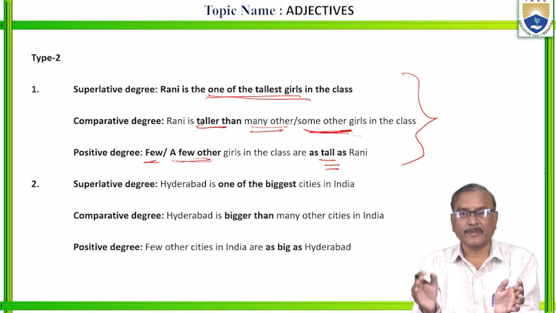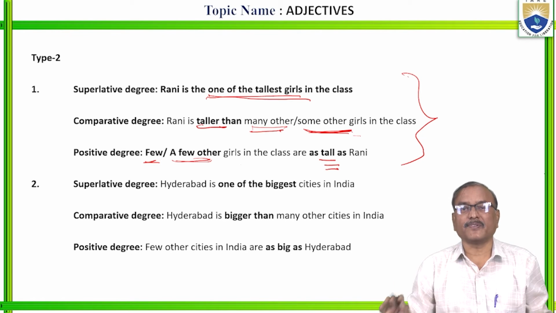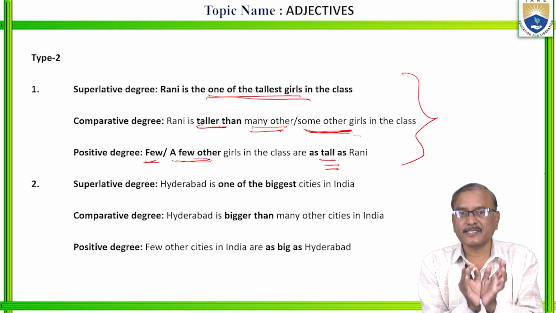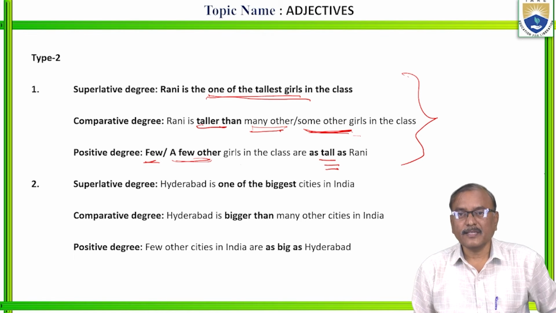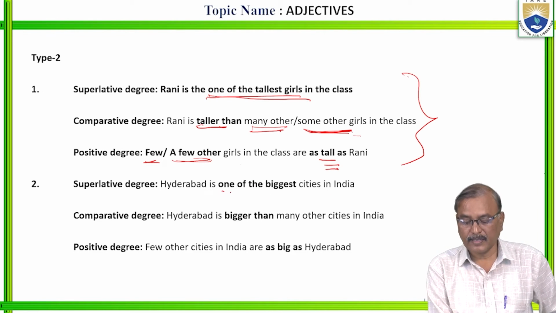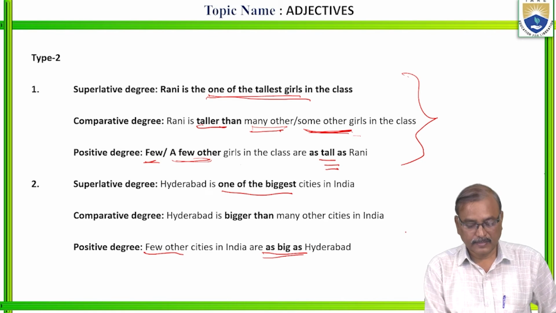Among them, Hyderabad is one. That is the meaning. You have to concentrate on the meaning, not just form. Hyderabad is one of the biggest cities in India means few other cities in India are as big as Hyderabad. Positive degree.